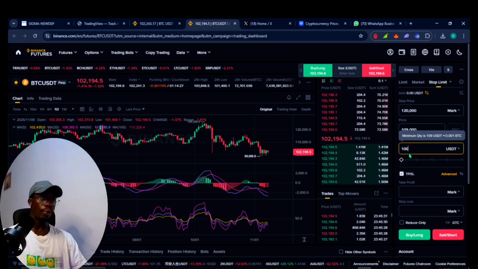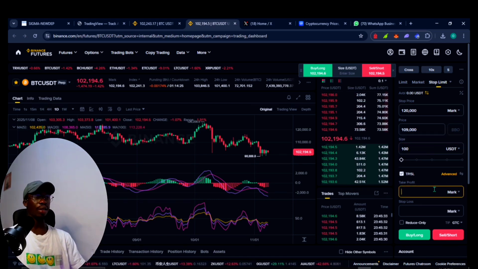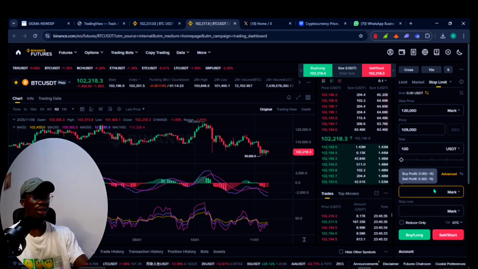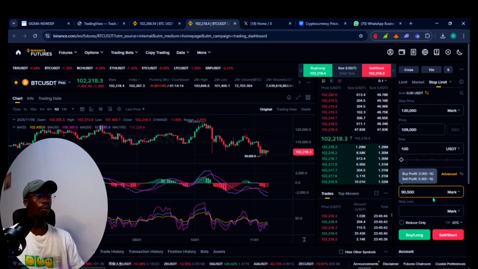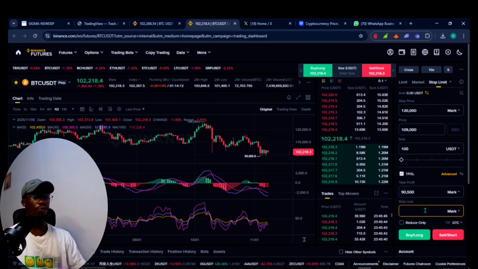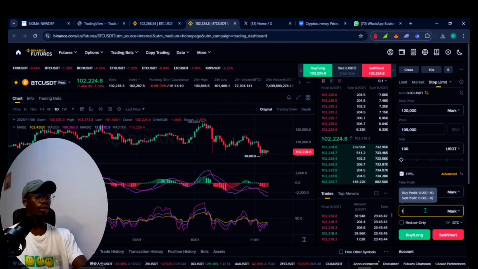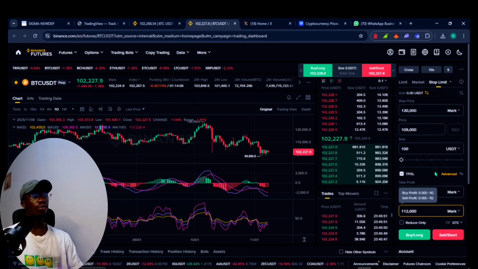Remember, I'm trading with leverage. Then I'm going to set my take profit. Let's say I'm willing to take out my profit once it gets to $90,500. Then my stop loss will be if it ever flies beyond $112,000. This is how you use a stop limit order.